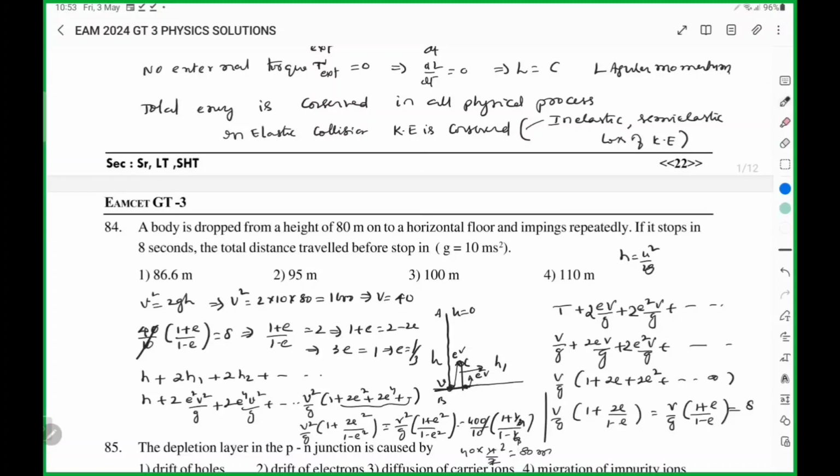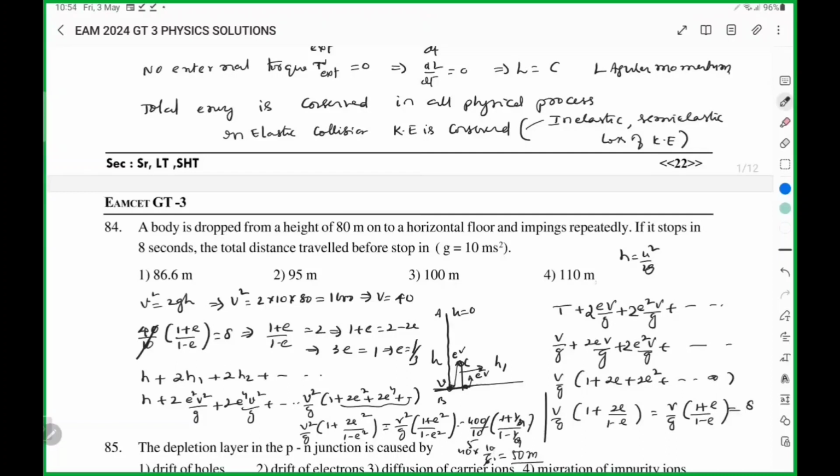So we will get here 9 plus 1, so 10 by 8, 50 meters.